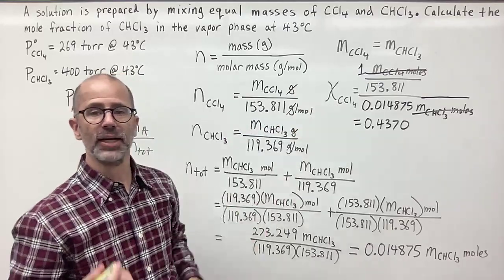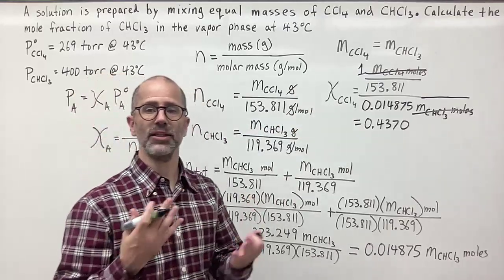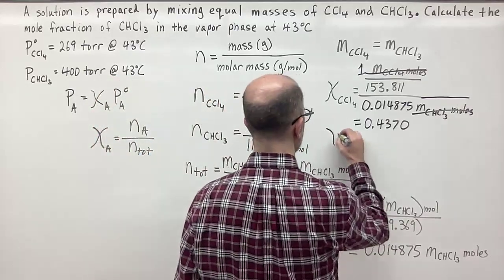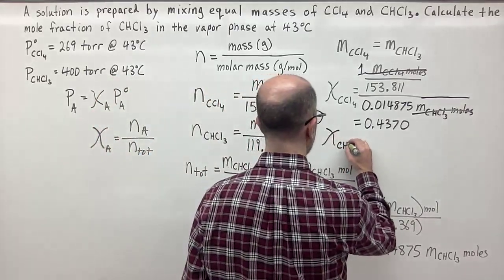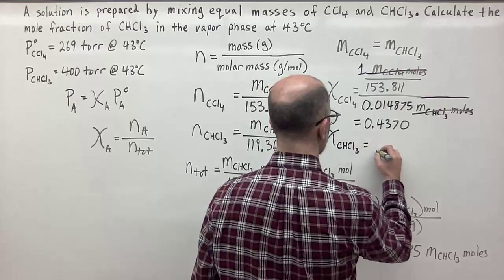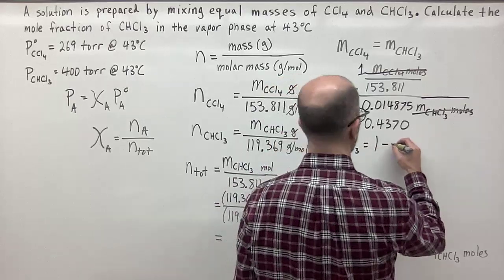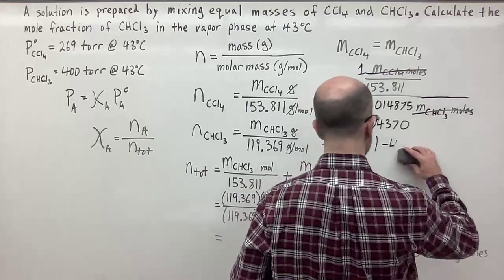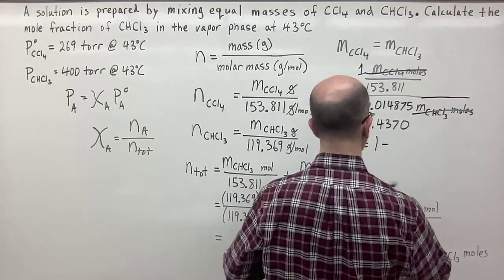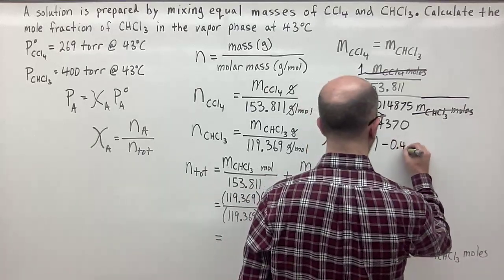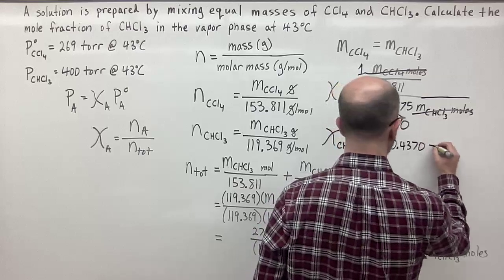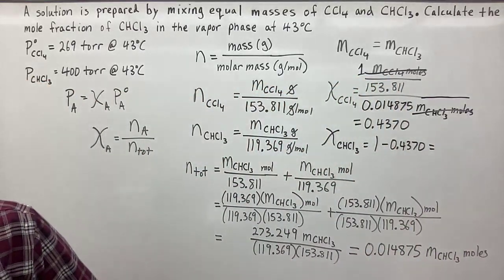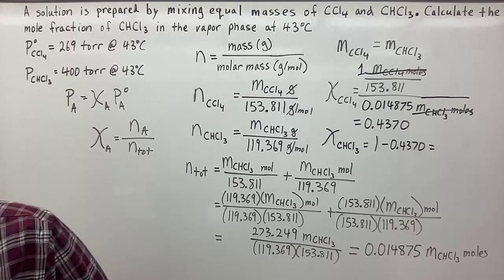CCl4. Now to get the other mole fraction, since we only got these two substances, I subtract that from 1. So the mole fraction of my CHCl3 is going to be equal to 1 minus, oops, I forgot the 0, 0.4370, and that's going to be equal to 0.563.